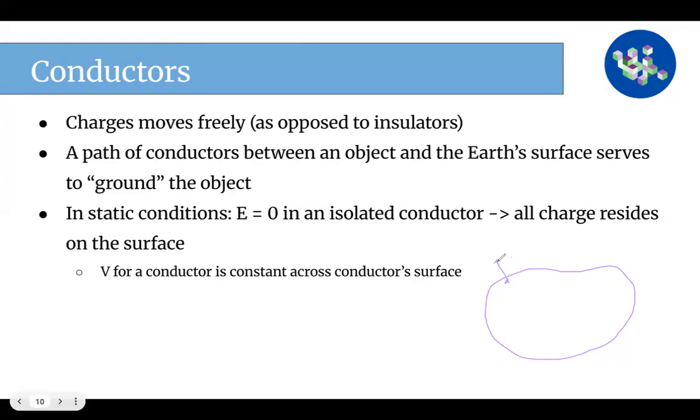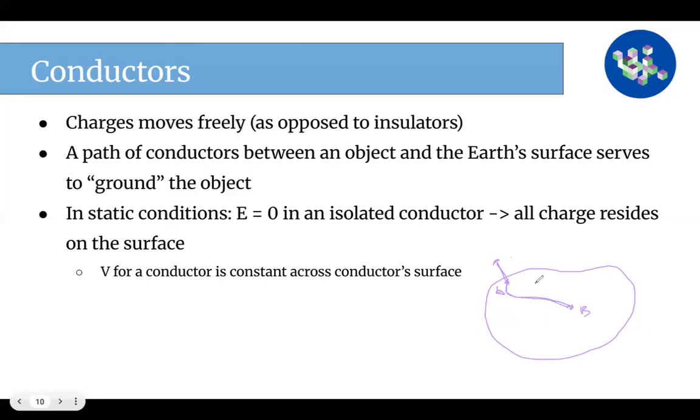And because it's perpendicular to the surface of the conductor, if I'm trying to find the voltage difference from, for example, here to here, both points A and B, my path would be along the surface of the conductor.